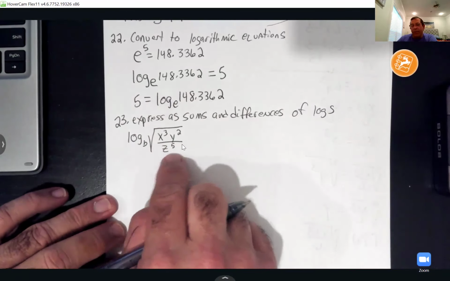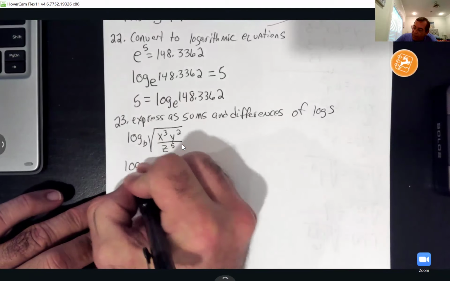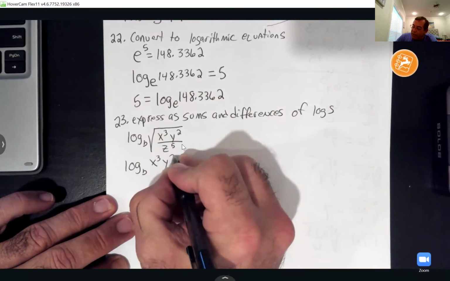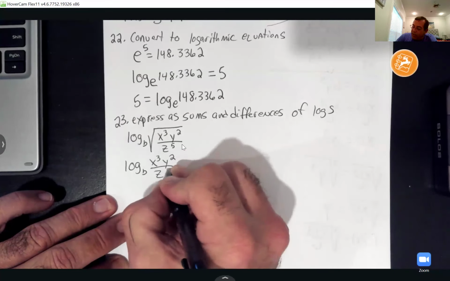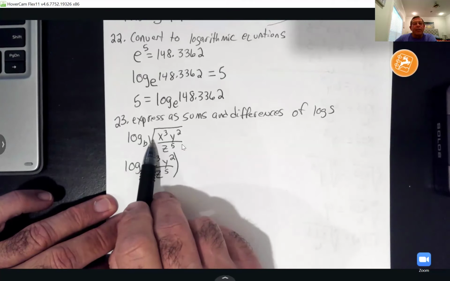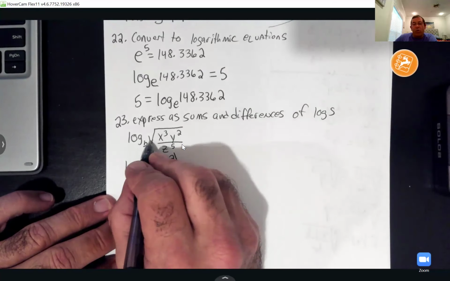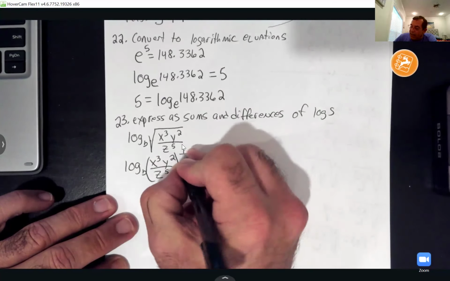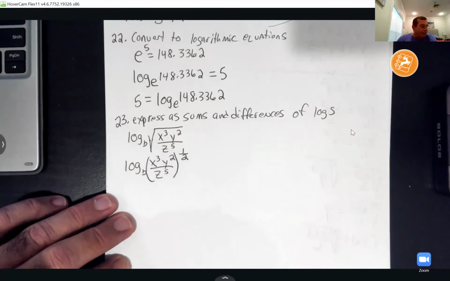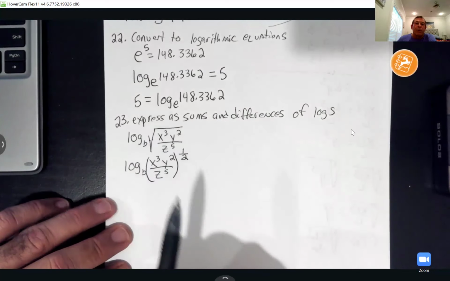So the first thing I do to this is I change it from a radical. So this x cubed y squared over z to the fifth, I'm going to change the radical into a fraction. So remember, square roots we write as a 1/2. So all of y'all should be a 1/2 on the radical because it's going to be a square root.